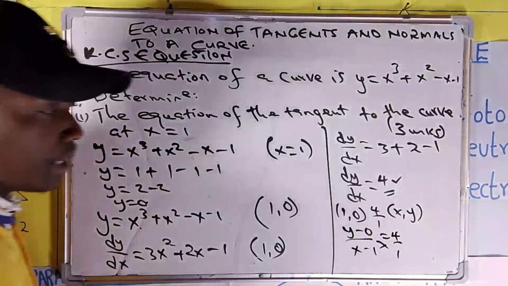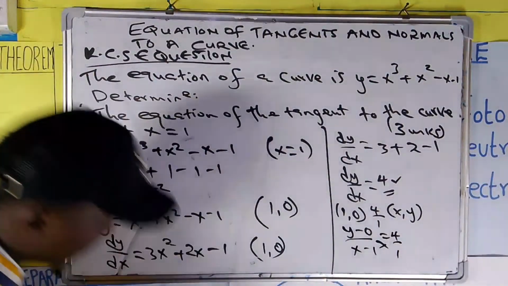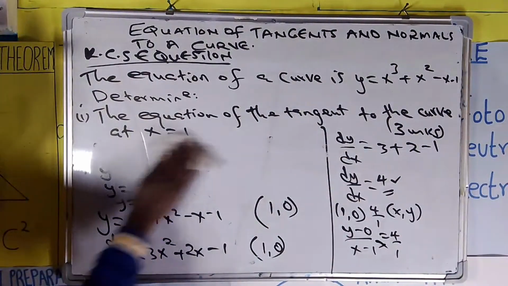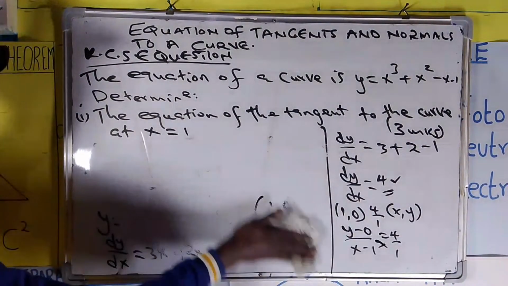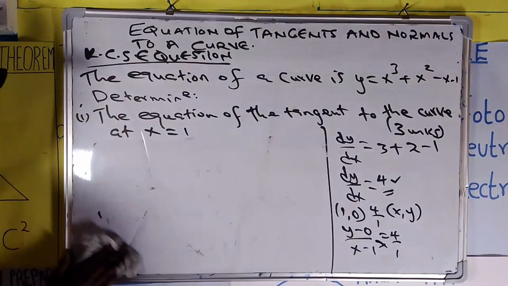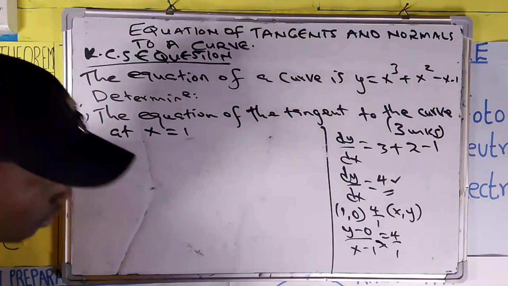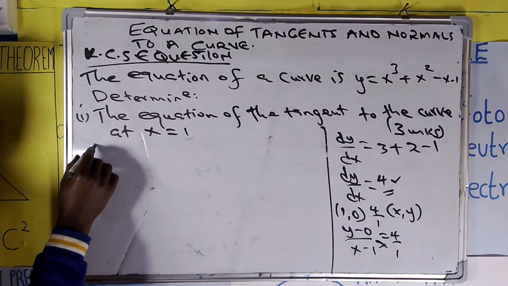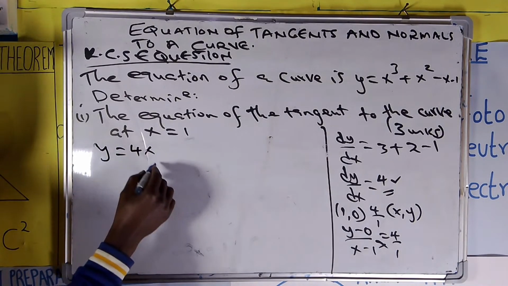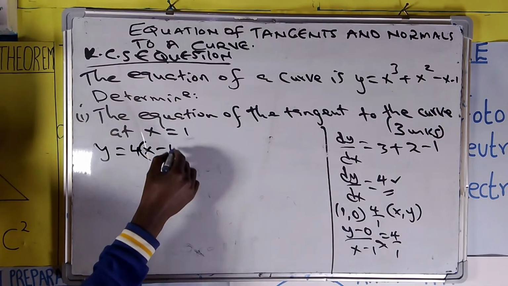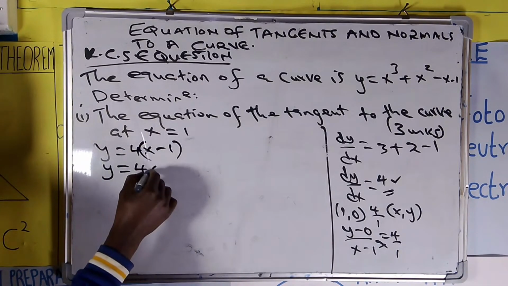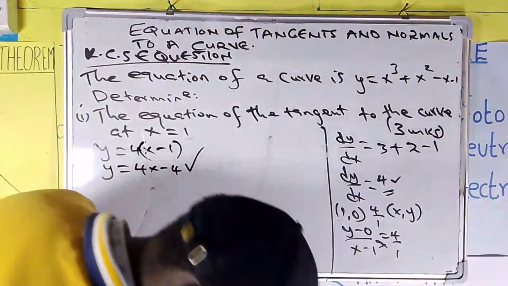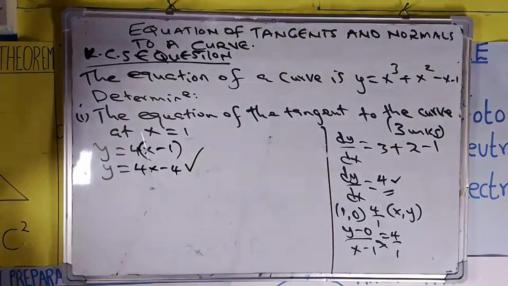Then we cross multiply, and we get y minus 0 times 1 is y equals 4 into bracket x minus 1, so y is equal to 4x minus 4. And that is the equation of the tangent.